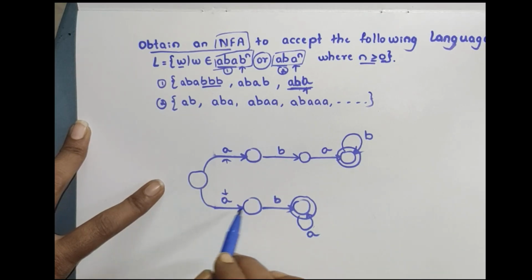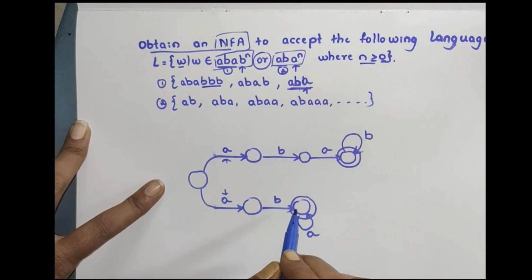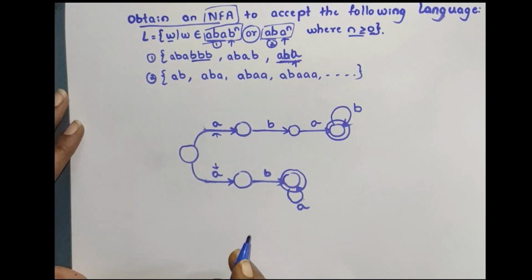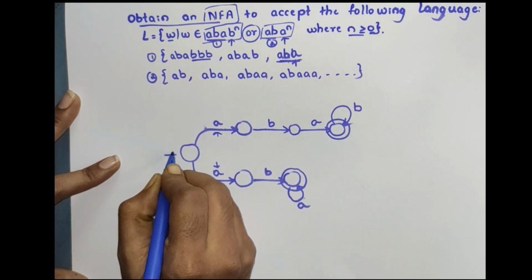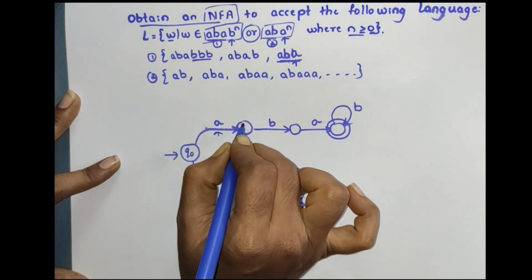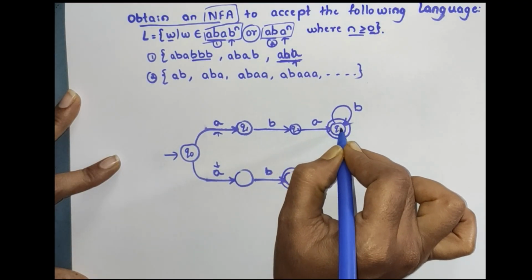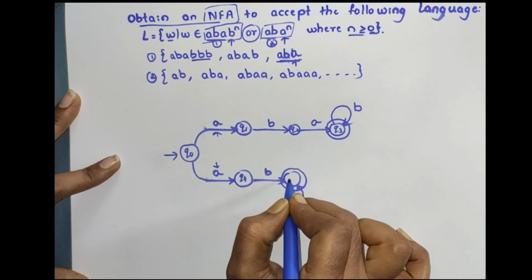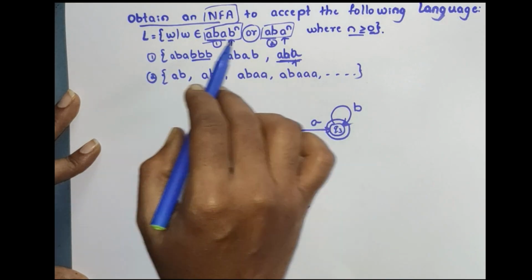Also, in this particular path, if the machine enters to this, then AB, the machine can even wind up here also for A raised to n. So now we have satisfied both the conditions, and I will name these states as Q0, Q1, then Q2, Q3, Q4 and Q5. So this is our ultimate NFA for the given condition.